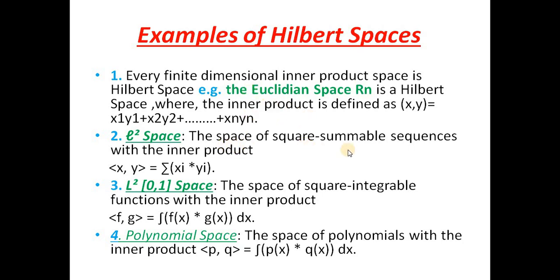Similarly, the space of square summable sequences is also Hilbert space. The space of square-integrable functions is Hilbert space. The space of polynomial functions defined in this fashion is a Hilbert space. So many more examples of Hilbert space we have. Here we have shown only 4 examples.